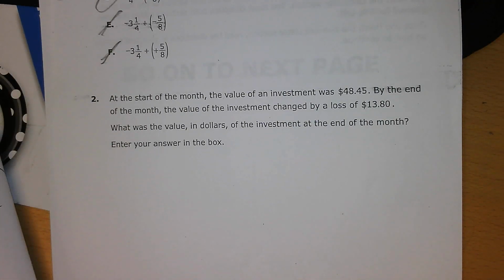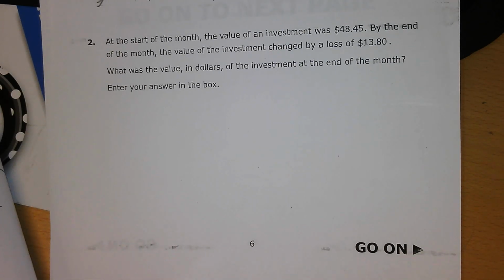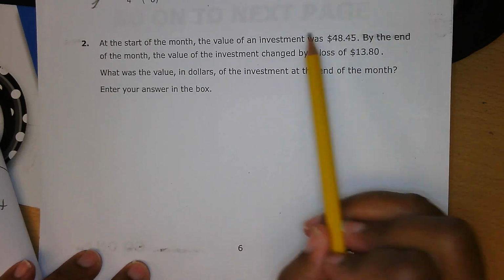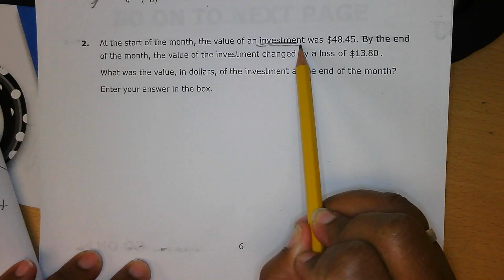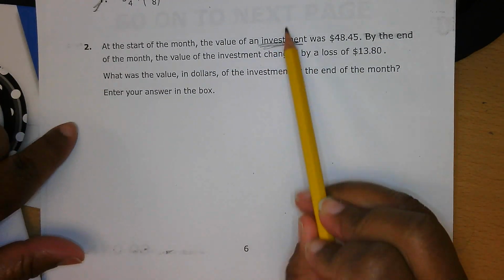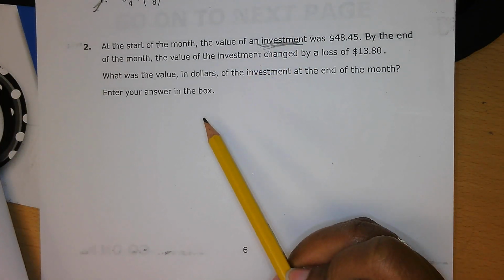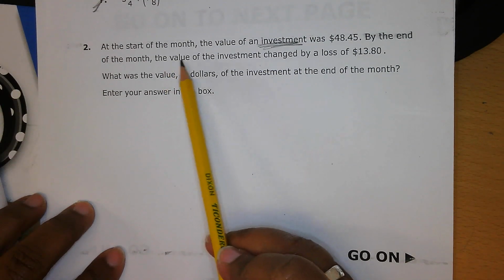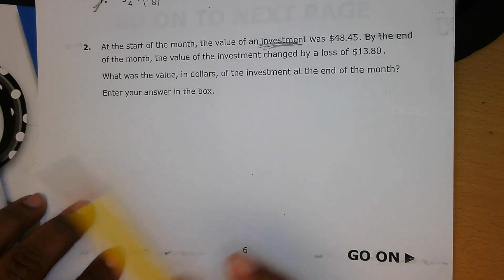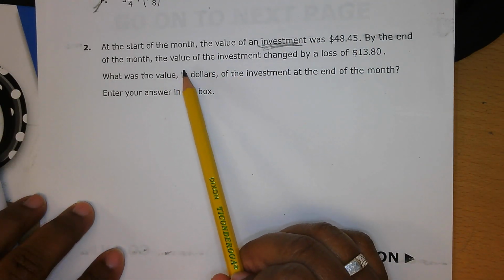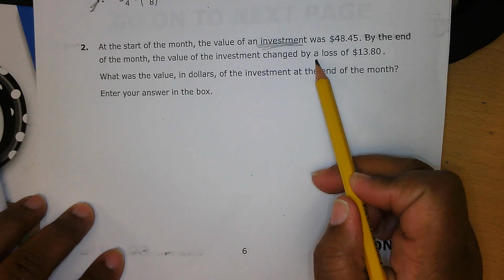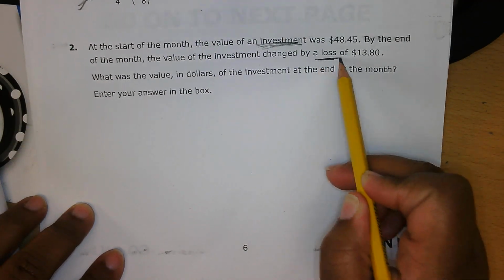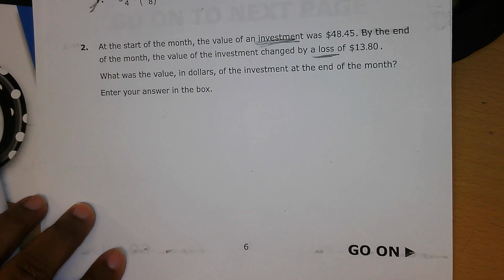Question 2 says, at the start of the month, the value of an investment was $48.45. What's an investment? Is it money that you put in or money that you take out? At the end of the month, the value of the investment, the money that we put in, has changed by a loss of $13.80, all right?